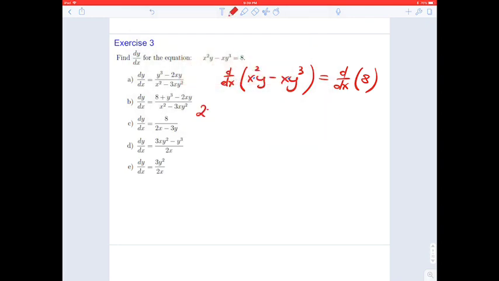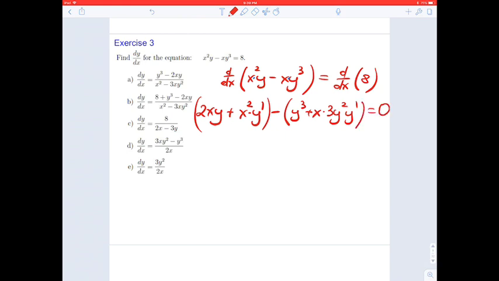The derivative of x squared is 2x times y, then x squared times the derivative of y, minus the derivative of x is 1 times y cubed plus x times the derivative of y cubed, 3y squared times y prime.